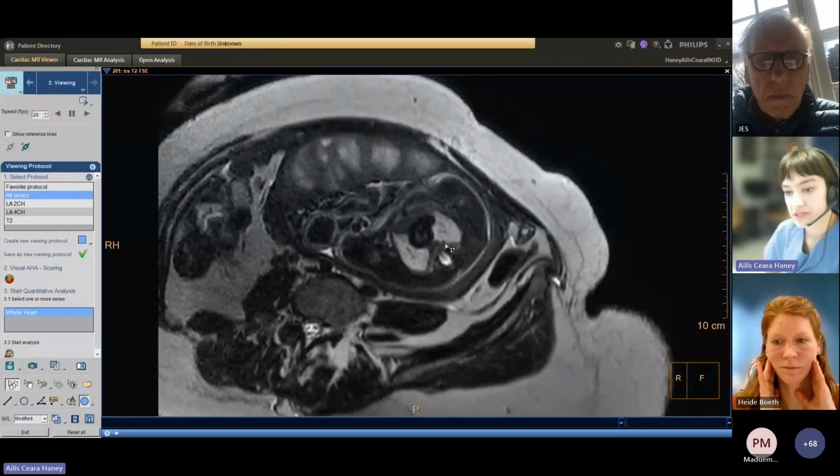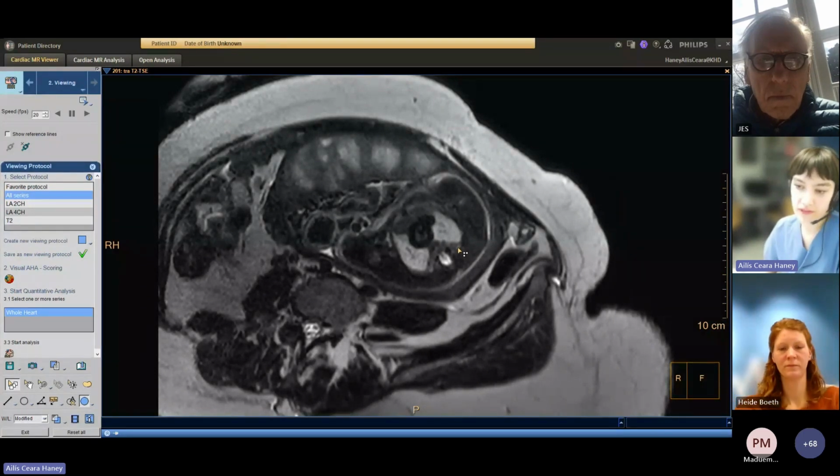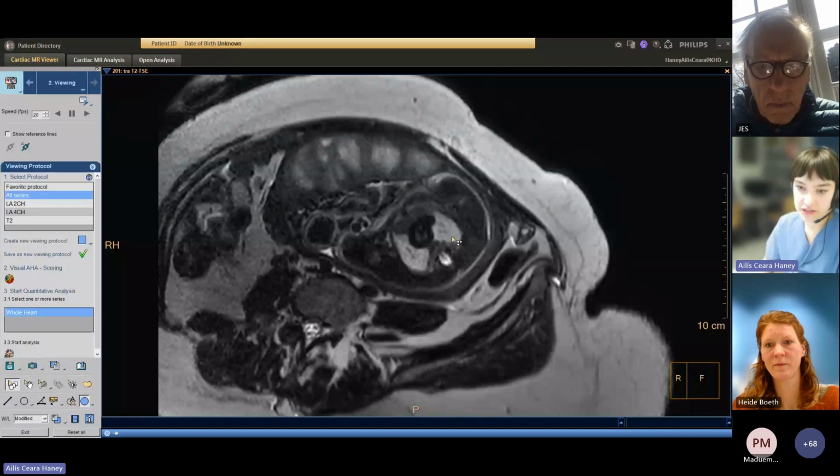And I just want to point out at this stage that our fetal CMR program is very interdisciplinary. As I said, I'm from adult cardiology, specializing in cardiac imaging. We have colleagues from fetal echocardiography as part of the team, and we have pediatric cardiologists present.